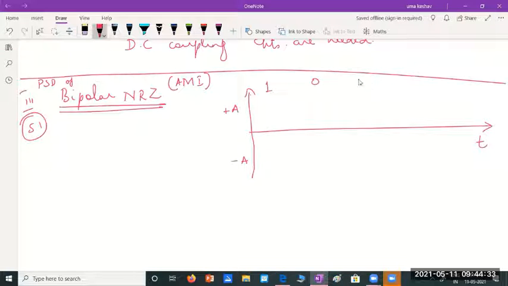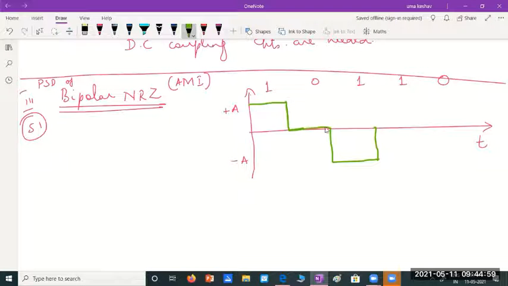Can somebody tell me? One is represented with plus A the first time, then 0 is 0. The next one is minus A. Yes, you're right. So the second time I get 1, I should represent it with minus A.